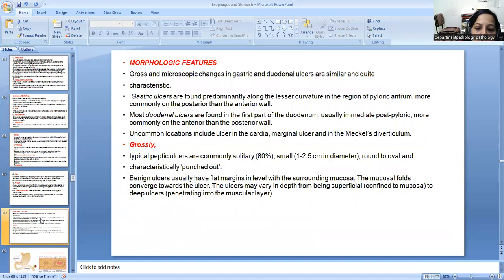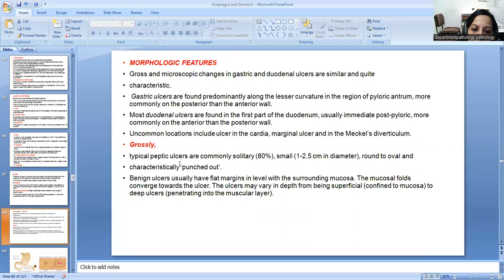So, morphologic features. Grossly, gastric ulcers are found predominantly along the lesser curvature in the region of the pyloric antrum, more commonly on the posterior than the anterior wall. Most duodenal ulcers are found in the first part of the duodenum, usually immediately post-pyloric, more commonly on the anterior than the posterior wall.